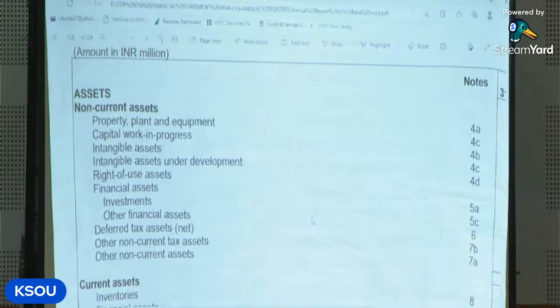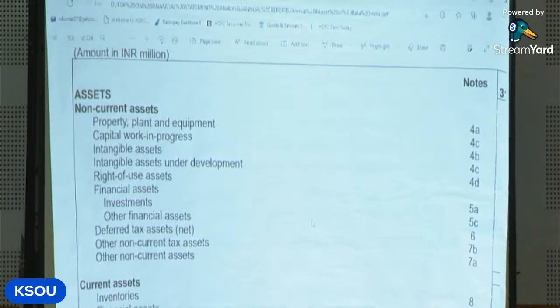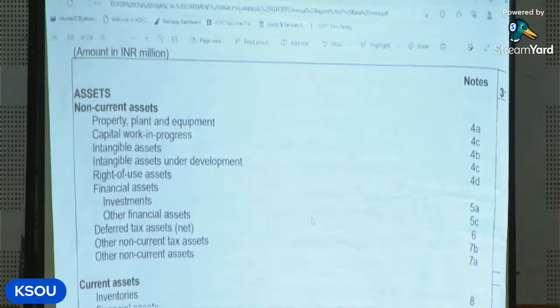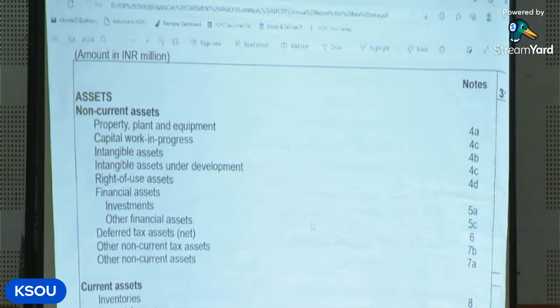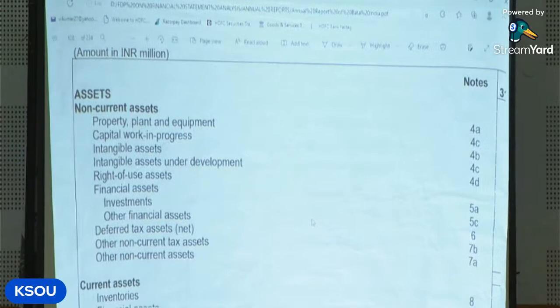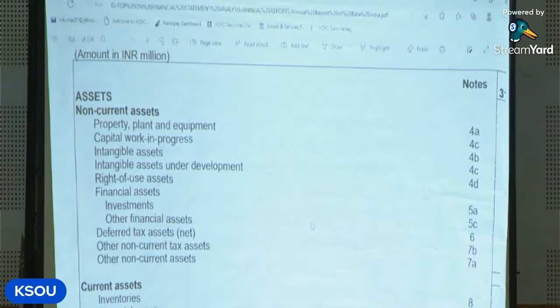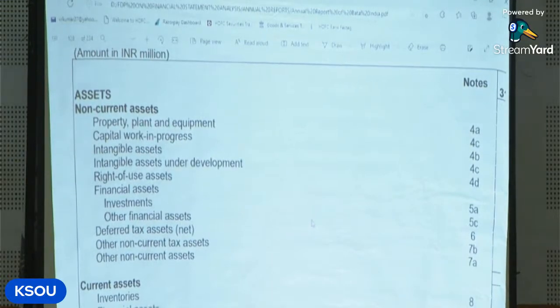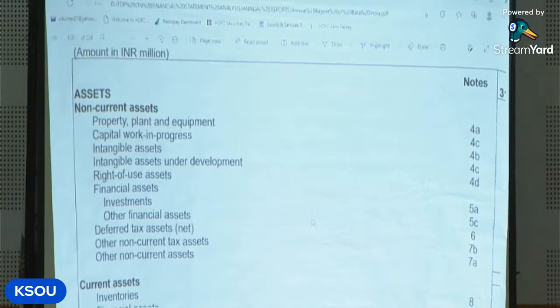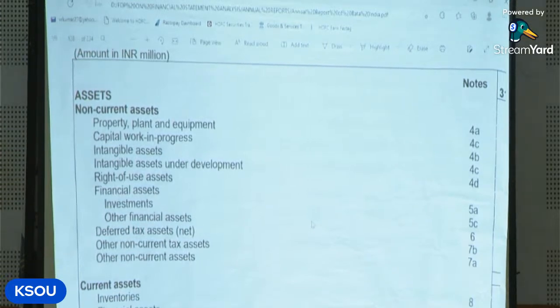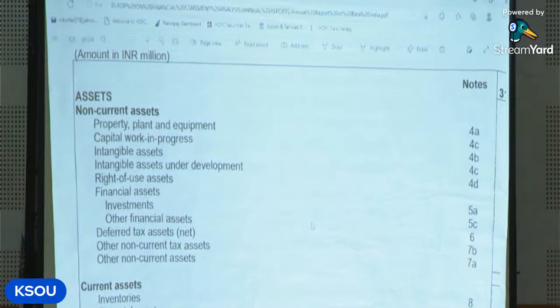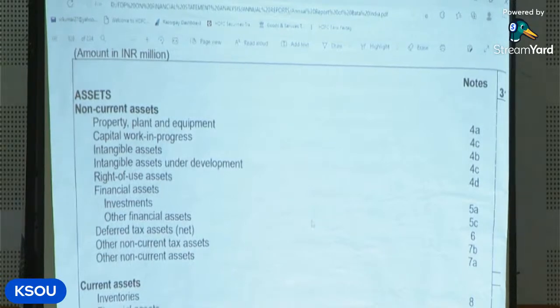Property, plant and equipment, which are what we call productive assets. Capital work in progress, we can consider, because even that would become productive. Even intangible assets. That's all. What are financial assets? What we have invested in elsewhere, not to consider. Consider only property, plant and equipment and intangible assets.